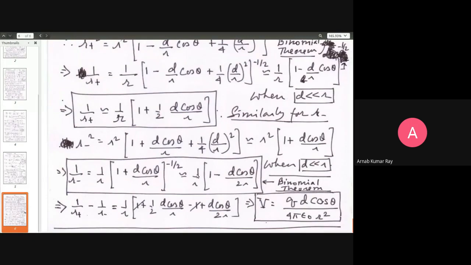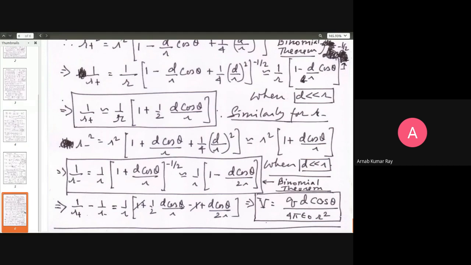This minus this. 1 by r continues to be a common factor. You have got 1 plus half d cos theta by r minus 1 minus, remember, there's this minus sign over here. So when I put a minus sign here, you'll have a minus 1 and plus d cos theta by 2r. So the 1 and the 1 will cancel out because of this minus sign.